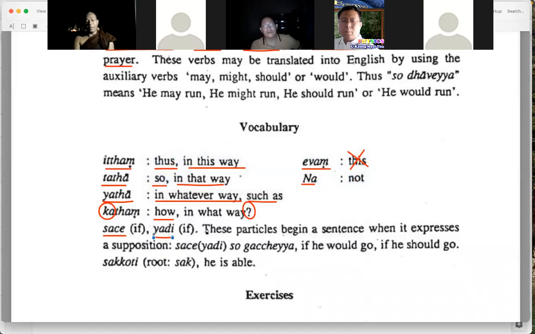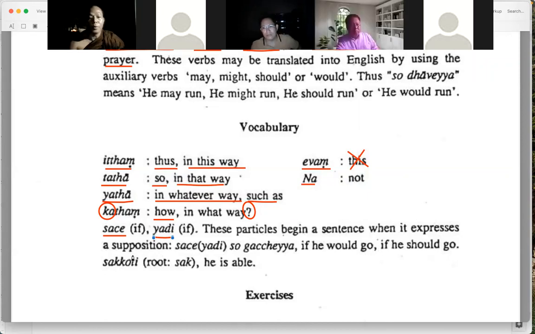Later we will see this in the examples or in the exercise. These particles, saji or yadi, begin a sentence, and when it is a supposition, saji or yadi gacchiya, if he would go, or if he might go, like that.